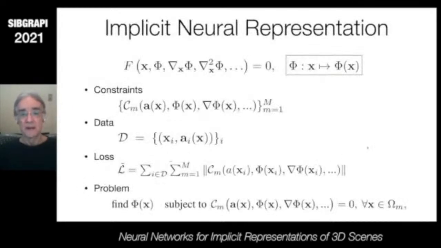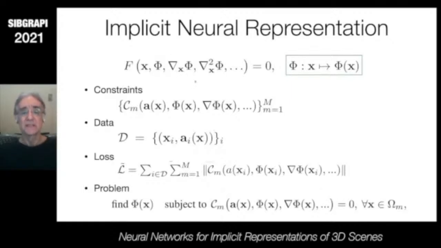Okay, so the implicit neural representation: basically, we have this function f that we want to be equal to 0. So f is going to involve the coordinates x and the function phi and the derivatives, the higher order derivatives of this function.